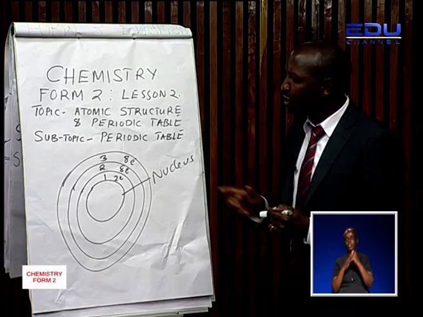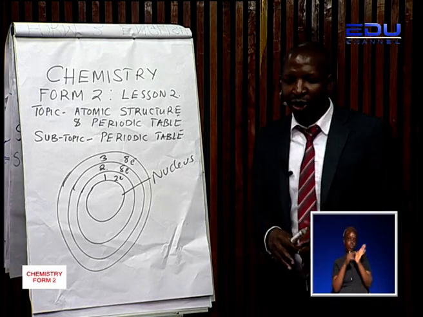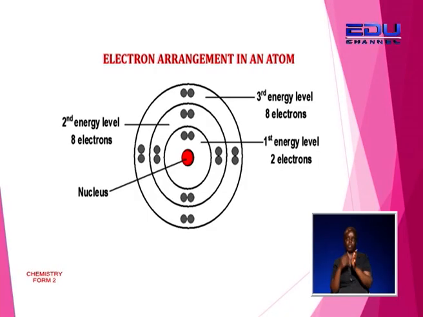I can also show it on the screen. As you can see from the diagram on the screen, the first energy level can occupy a maximum of 2 electrons. The second energy level can occupy a maximum of 8, and the third one can also occupy a maximum of 8 electrons.